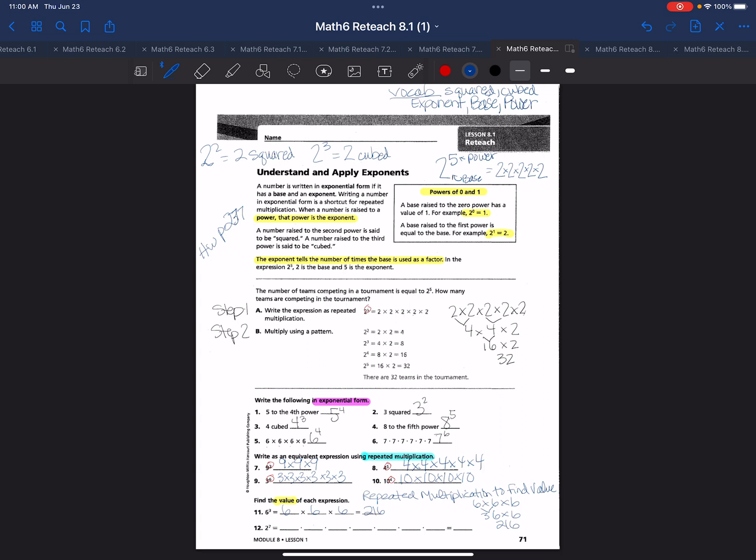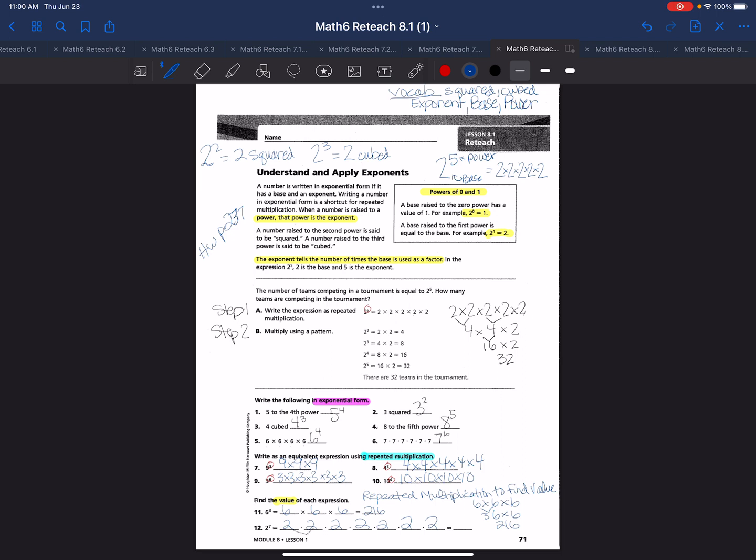Then this next problem says 2 to the 7th power. So 7 is the exponent that tells me the number of times that the base of 2 is going to be used as a factor. So 2 times 2 times 2 times 2 times 2 times 2 times 2.